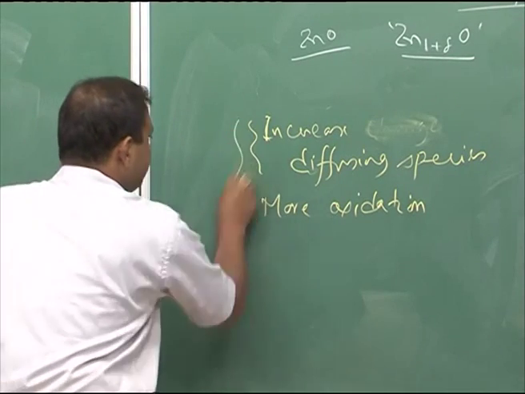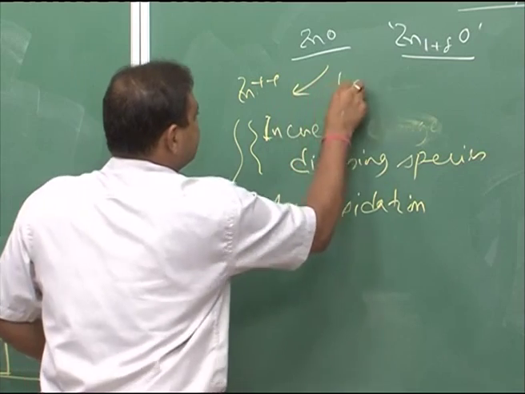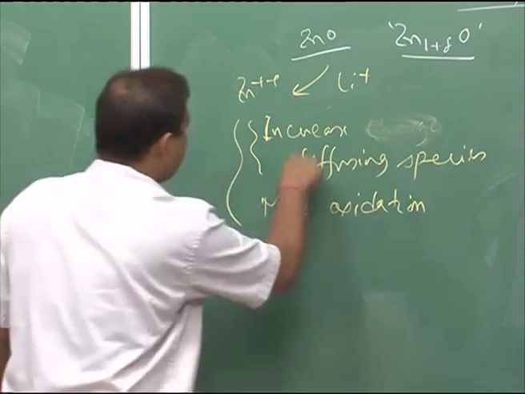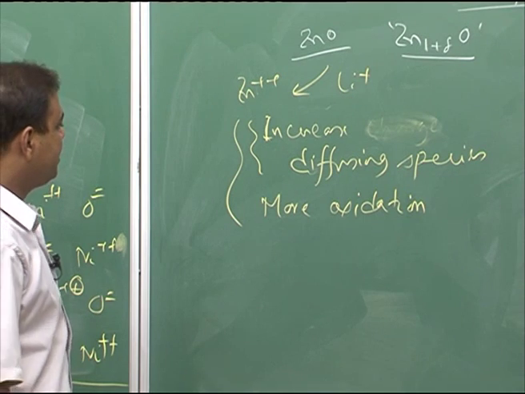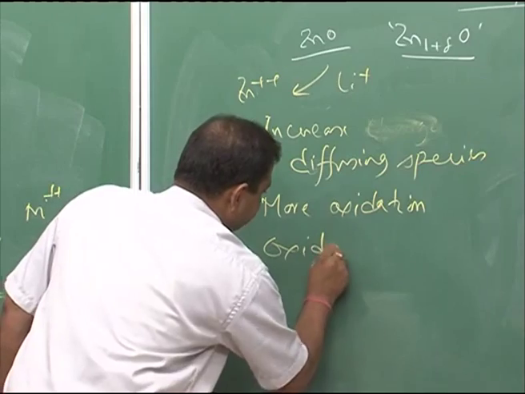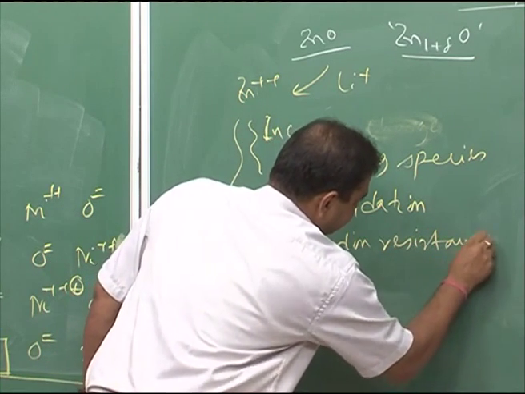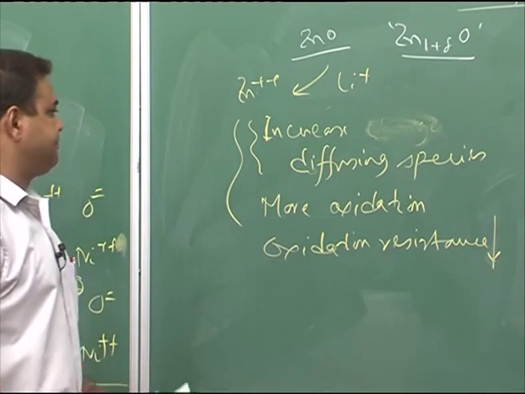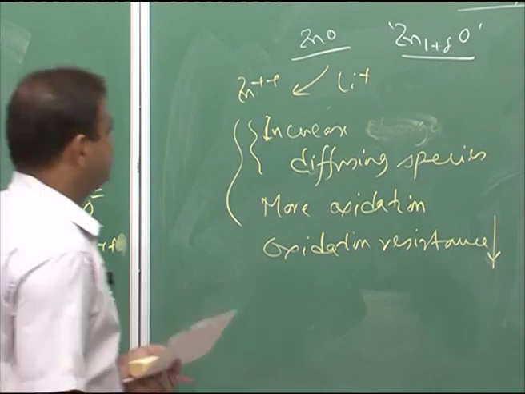So, if we replace zinc plus with lithium plus, we have an increase in diffusing species, that means an increase in cation interstitials, we have more oxidation, that means oxidation resistance would decrease.